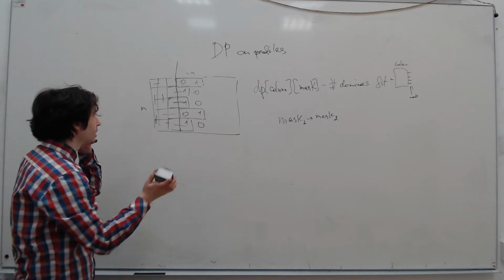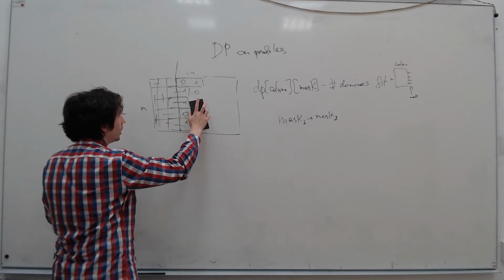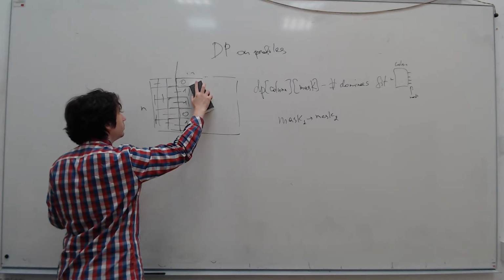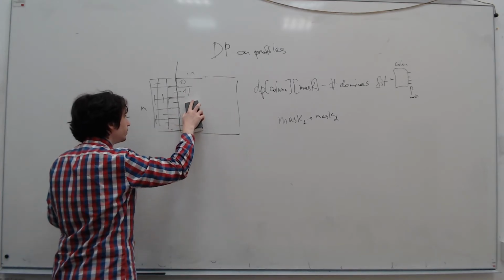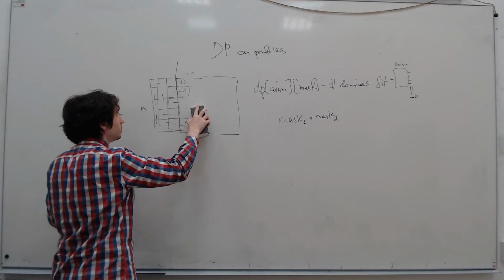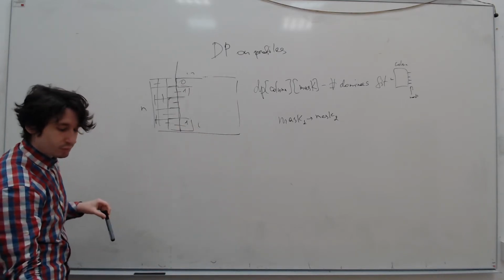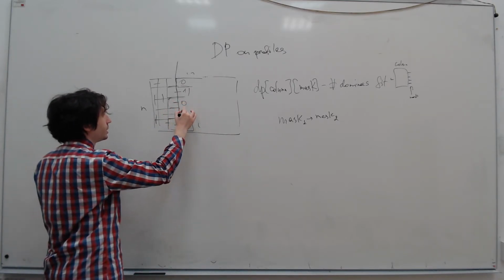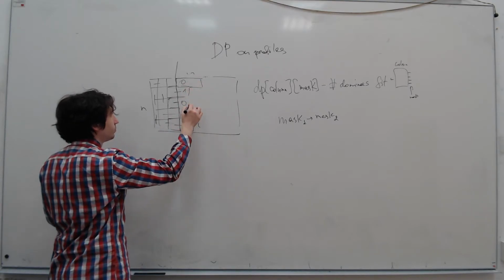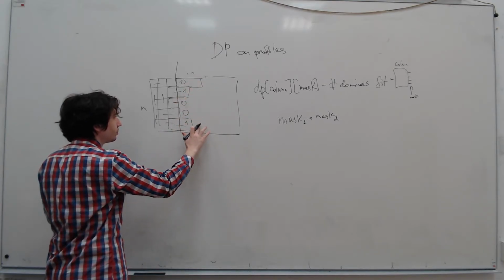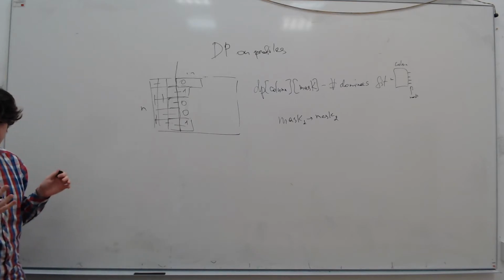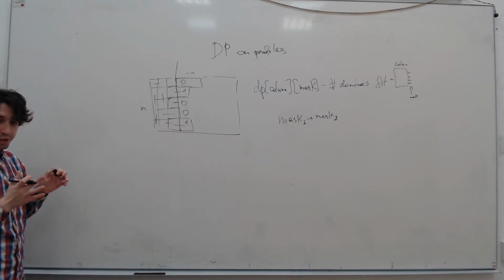However, if your previous mask was a little bit different, there were zeros here, you have at least two ways to add dominoes.